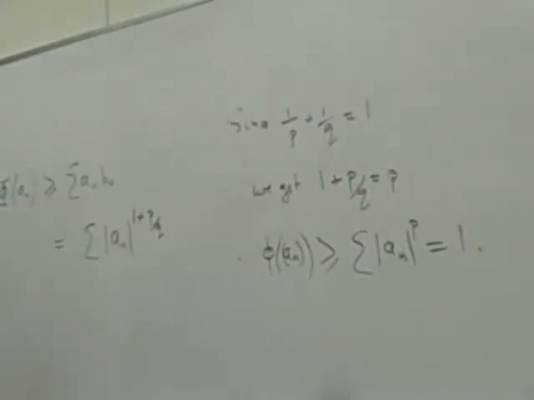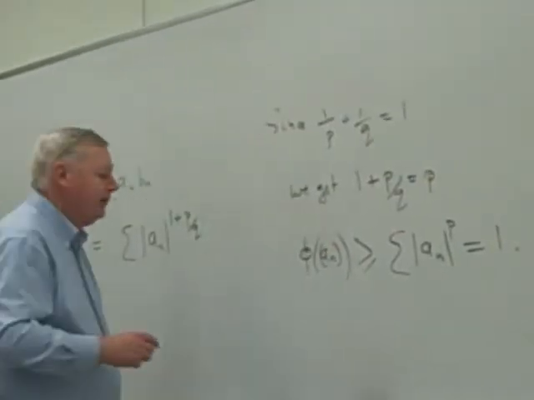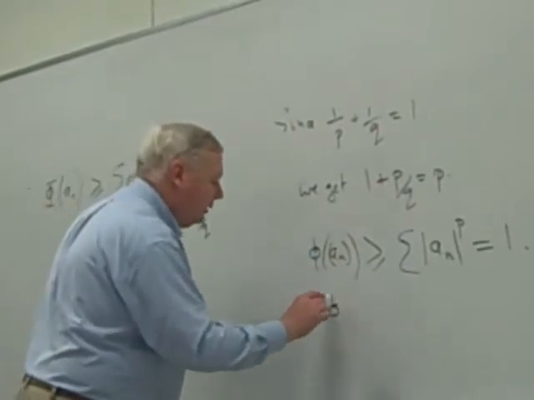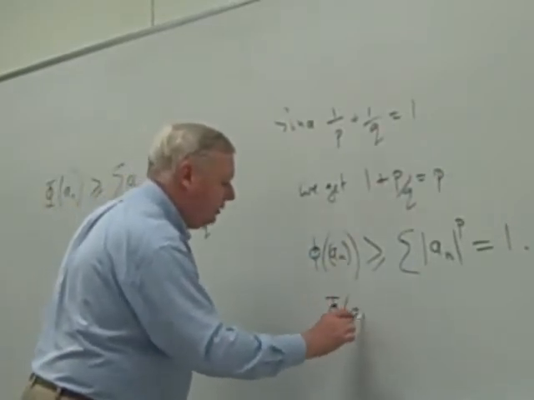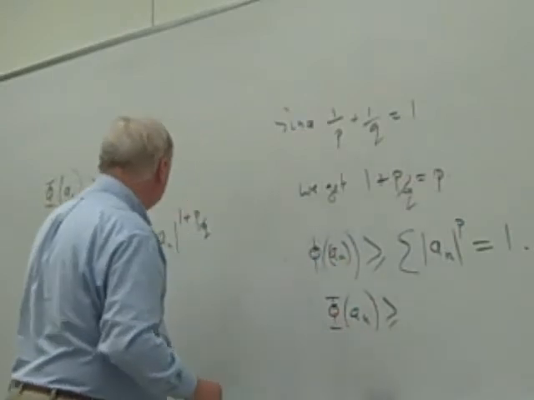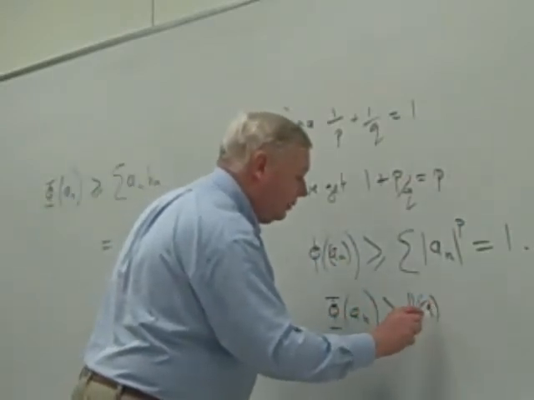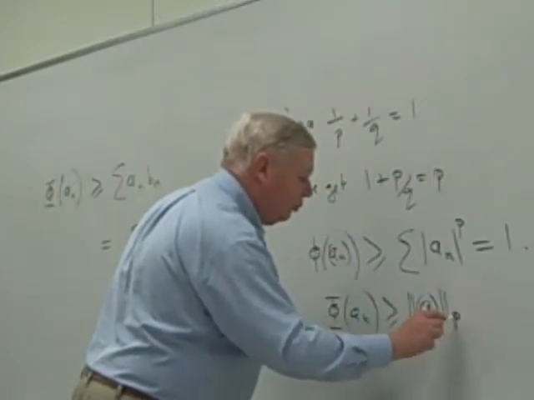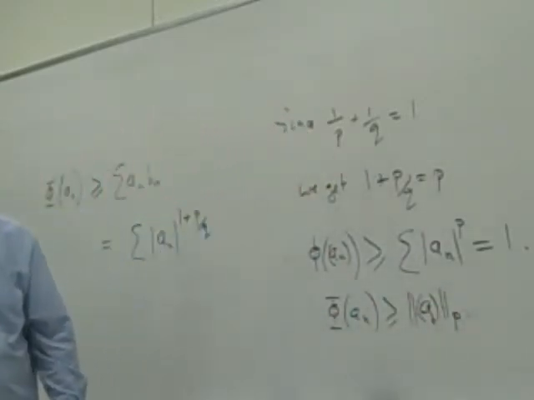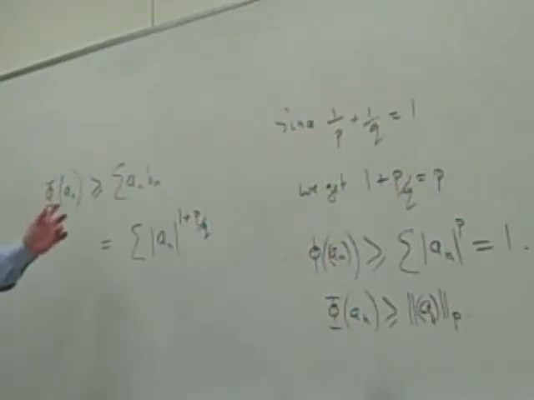So that's what we needed to show. Therefore, phi of a_n is at least the p norm of the sequence. So now we have inequality in both directions, and therefore equality. And since phi was a norm, this now proves that the p norm really is a norm.